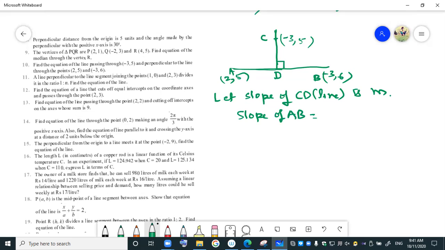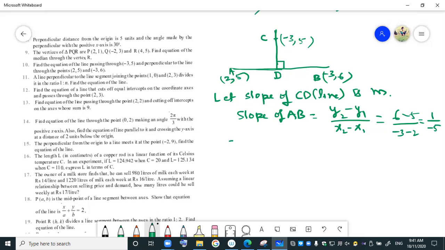The slope is y2 minus y1 upon x2 minus x1. Using this formula, we can find the slope of line AB. So y2 is 6 minus 5 and x2 is minus 3 minus 2. So 6 minus 5 is 1, over minus 5. This is the slope of AB.